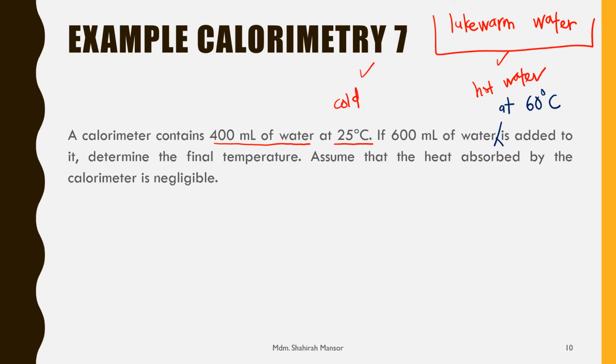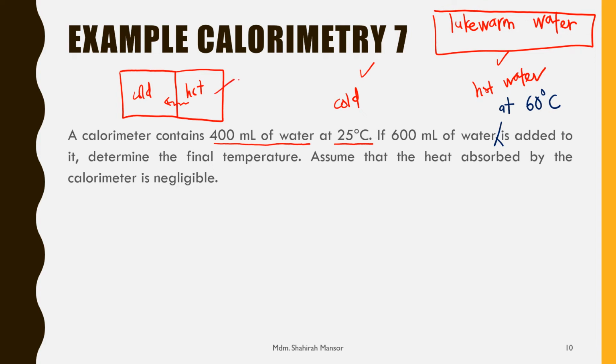Okay, air suam. So, untuk konsep lukewarm water, apa yang kita kena gunakan, if you still remember, bila kita letakkan satu cold body berhampiran dengan hot body. So, apa yang jadi? Yang hot body ni dia akan release energy kepada cold body.